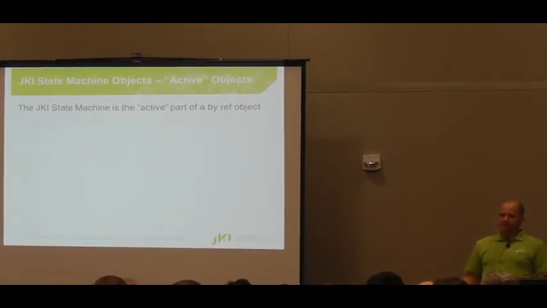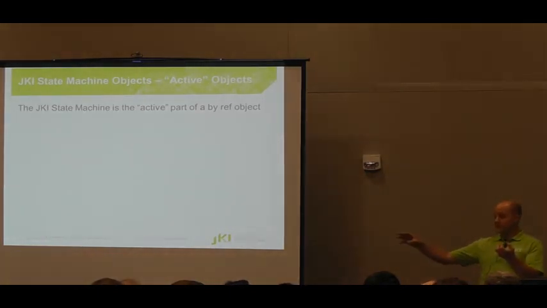I'm sure several people in the room have played around with by reference object frameworks. If you're not sure what I'm talking about, an example of a by reference object is a queue. You can create a queue, perform operations on it, and destroy the queue. You can create several of them in parallel.